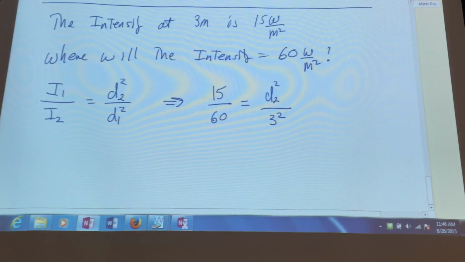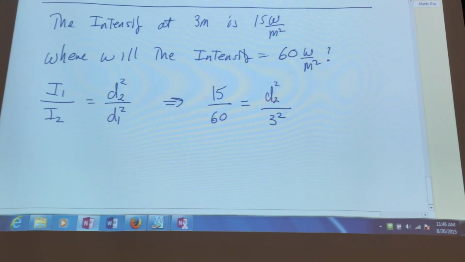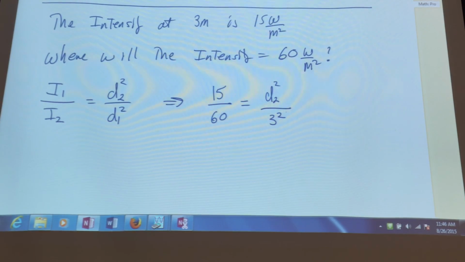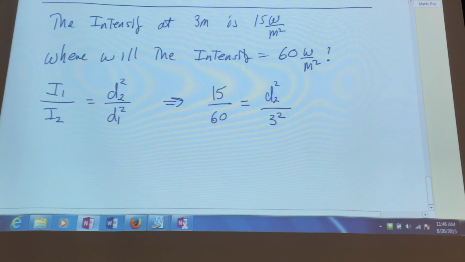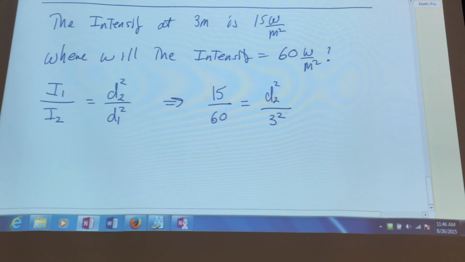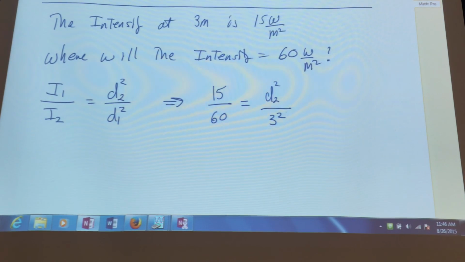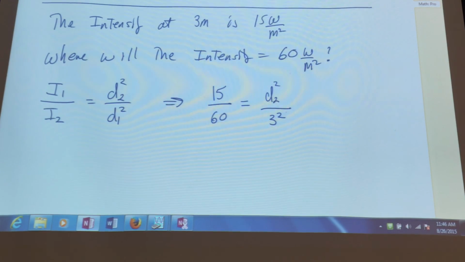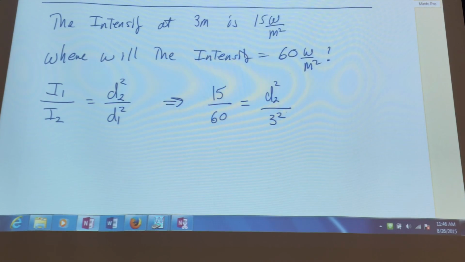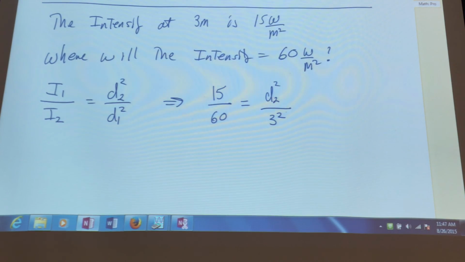Put it together like that. Question is, can you solve for D2?